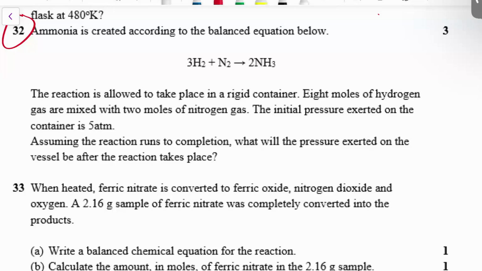Pressure is one, good. The reaction occurs, which means the moles you have at the start won't be the same as the moles at the end. What's the second thing that's changing? The moles. Good. So pressure and moles, I'm going to move to one side.